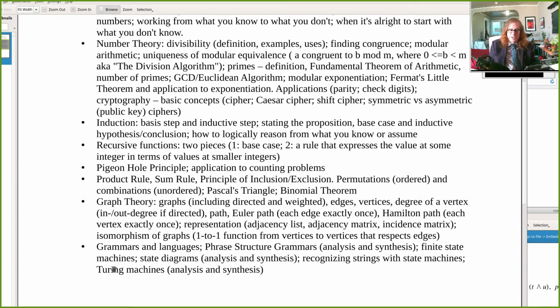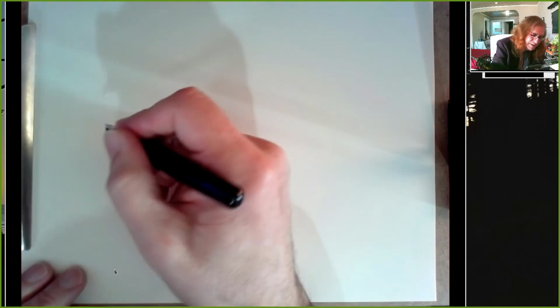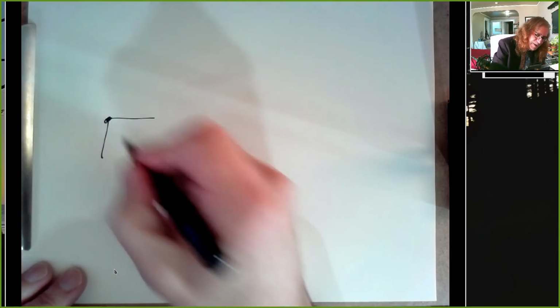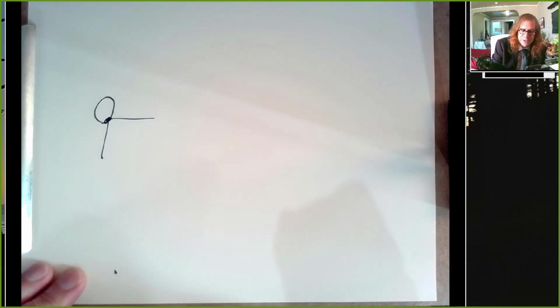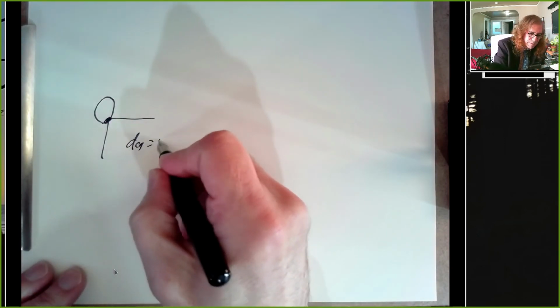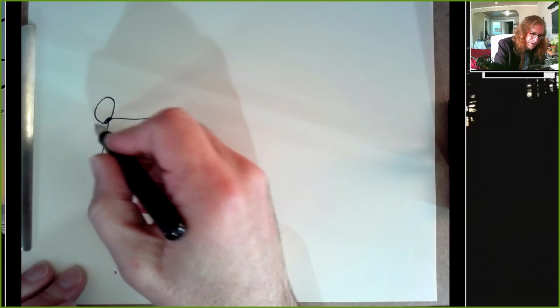The one trick here, if you have a loop, that edge that starts and ends back here, that contributes 2 to the sum if we're adding up the degrees of a vertex. So a graph like this would have a degree of 2. Now that vertex has a degree of 4. Right, because you count both that and that.